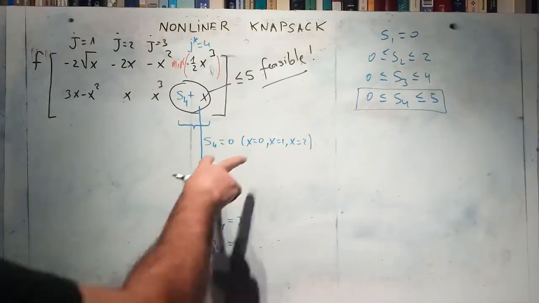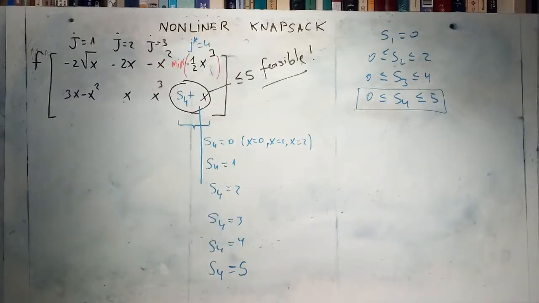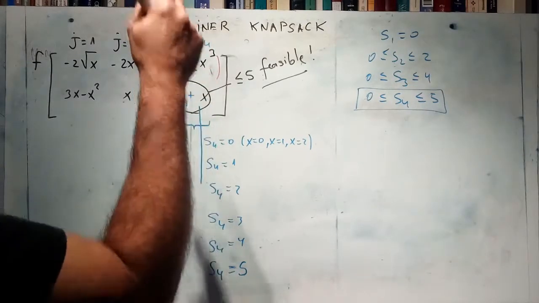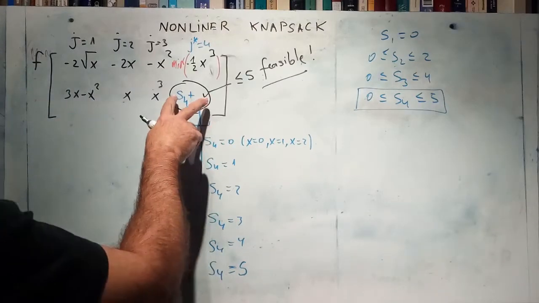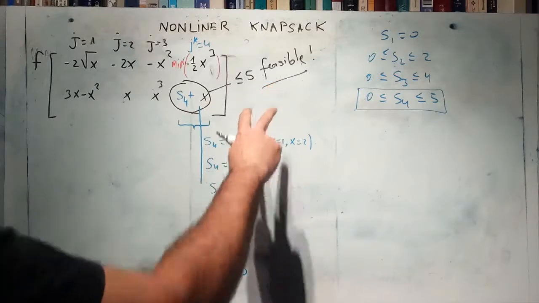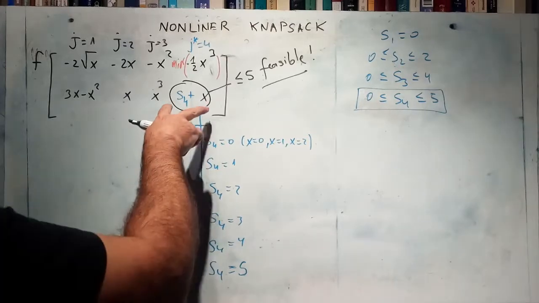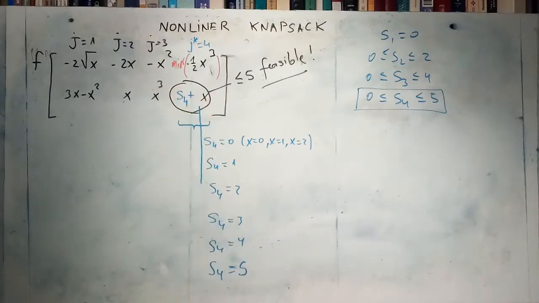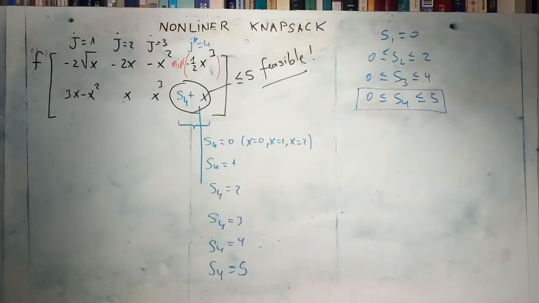So with these two components substituted over the last column, I will get the minimum of the function, but with one constraint: S plus X has to be less or equal than 5. That is to say, S has to be feasible all the time, right? We need this value to stay feasible, because if not, we will be violating the right hand side.